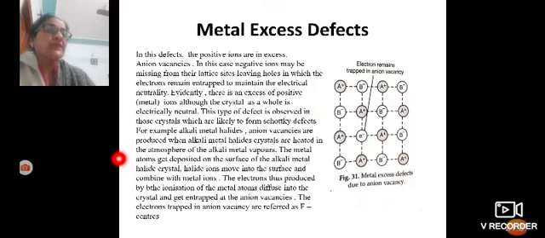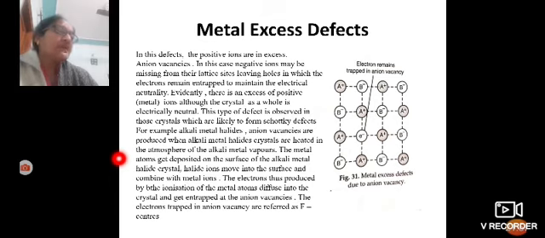The halide ion moves to the surface and combines with the metal ions. The electron thus produced by the ionization of the metal atom diffuses into the crystal and gets entrapped at the anion vacancies. The electrons trapped in anion vacancies are known as F centers.